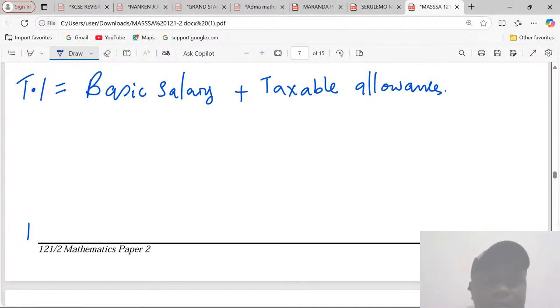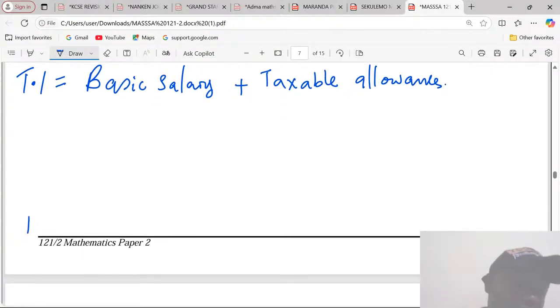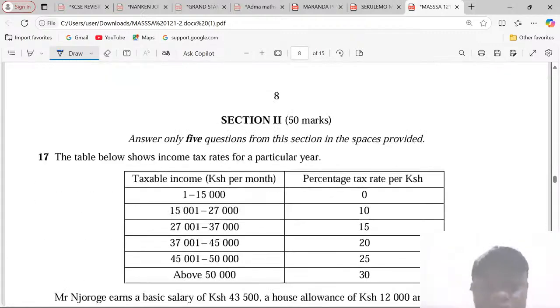In such a case, the taxable income will be basic salary plus the allowances on which tax is made. So sometimes an employee or a certain worker of the government can enjoy non-taxable allowances. So let us give room for such situations.